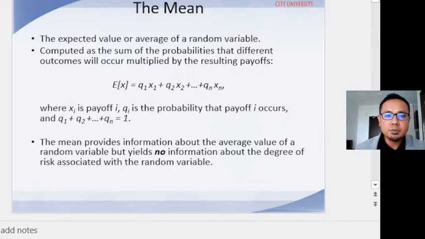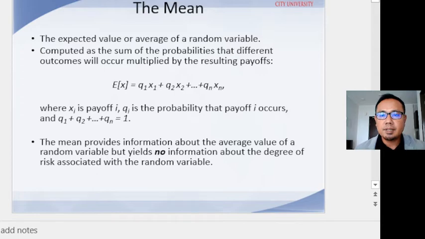So the easiest way to summarize information about uncertain outcomes is to use the statistical concepts of the mean and the variance of a random variable. More specifically, suppose there is some uncertainty regarding the value of some variable.